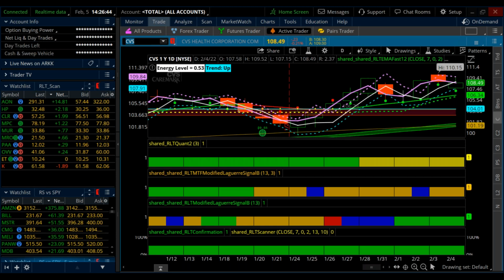During the day in the room when you're trading with me, people will give me tickers they're looking at, and I'll bring them up and we can look at them. Like I said, I do spend a lot of my time scanning.